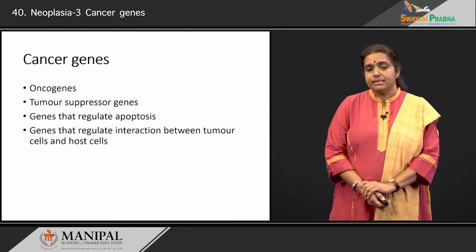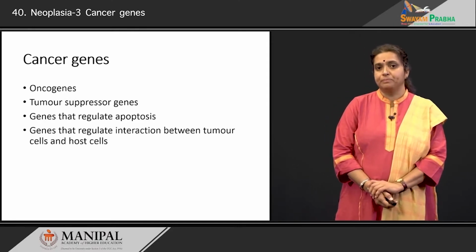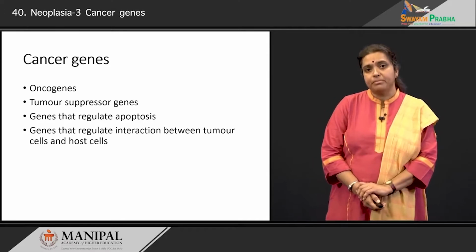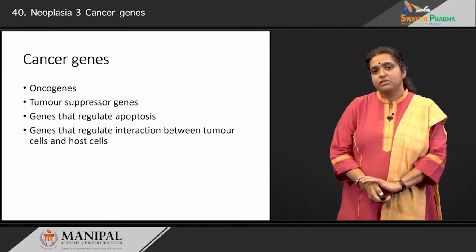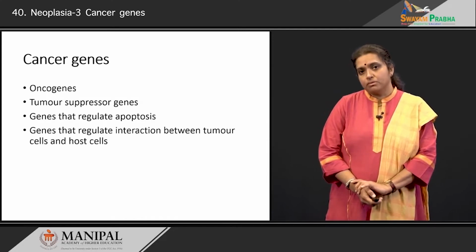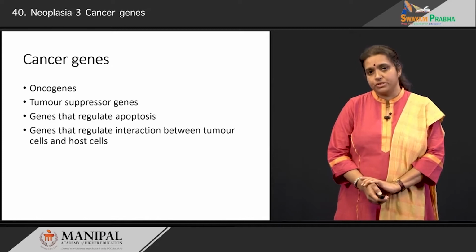And this interaction between the host cell and the cancer cells may be regulated by genes, and these genes may be affected in cancer. So, these are the four classes of genes that may cause malignant transformation and may be important to drive tumorigenesis.